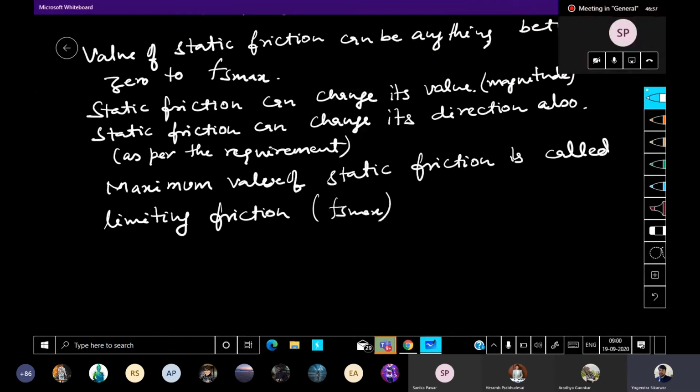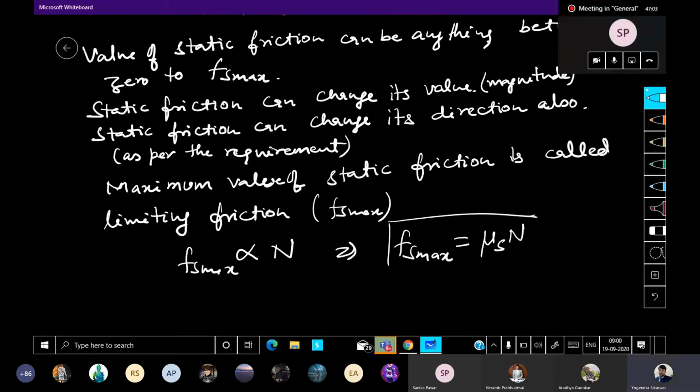So maximum value of static friction is limiting friction and it is called Fs max. Now this Fs max is proportional to N and that gives us Fs max is equal to mu S N.